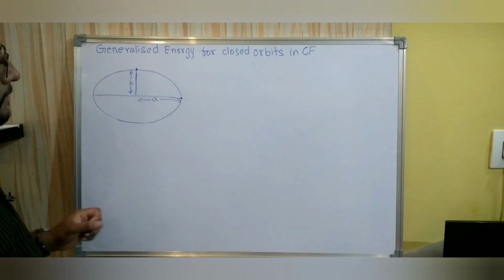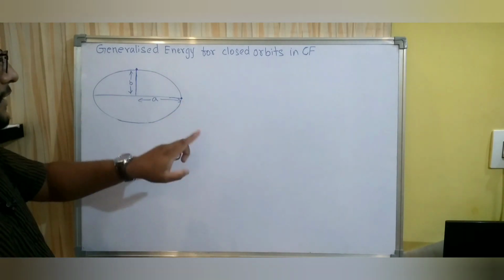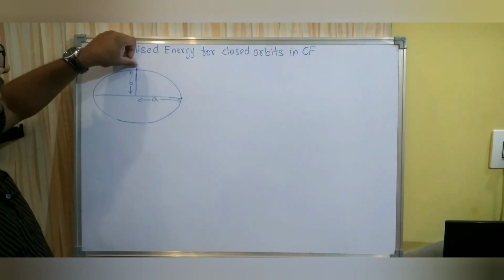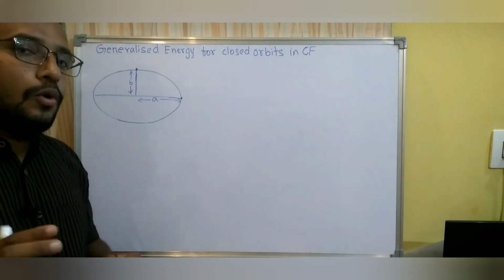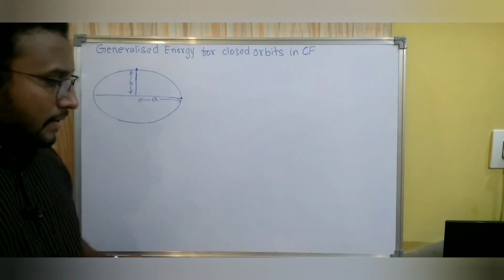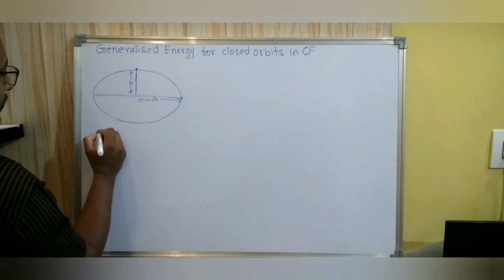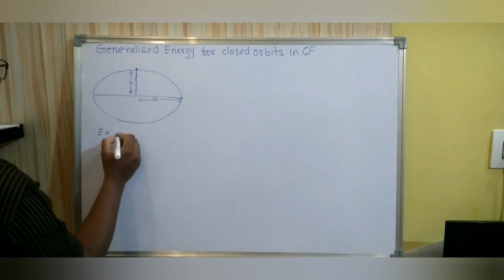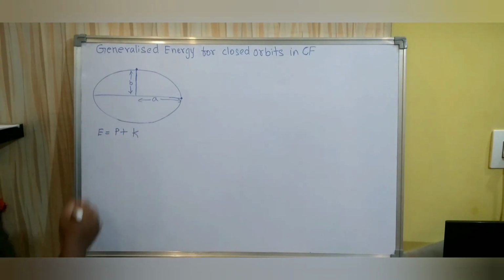Now, what is the total energy of a planet, whether it is at this position or the other position, anywhere in the orbit? The total energy has to be the same. That is very important to understand here. So let me write the total energy E as the potential energy plus the kinetic energy.